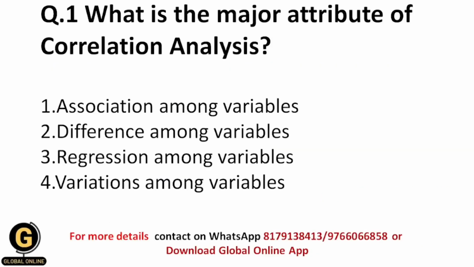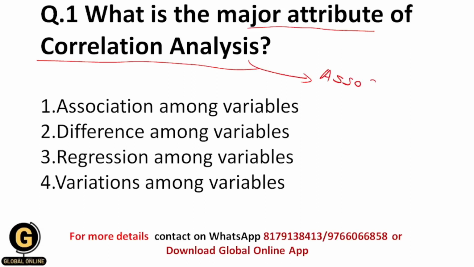Okay, so students, let us start with our first question. In this question they have asked us what is the major attribute of correlation analysis. It means what is the function of correlation analysis, or what is the meaning of it. Whenever we talk about correlation analysis, it mainly focuses on finding the association.